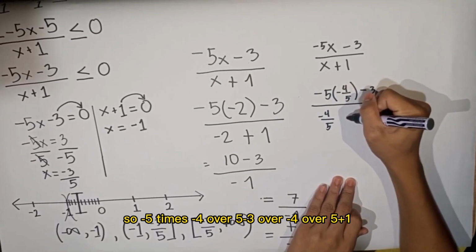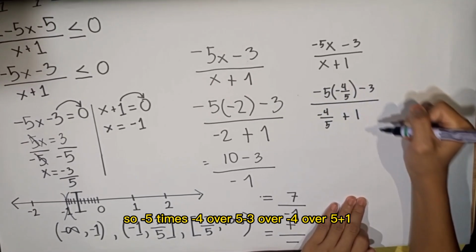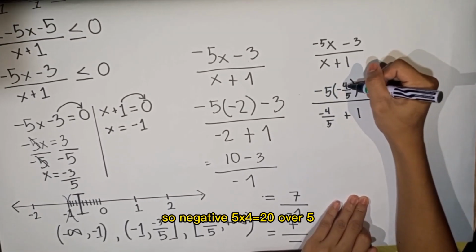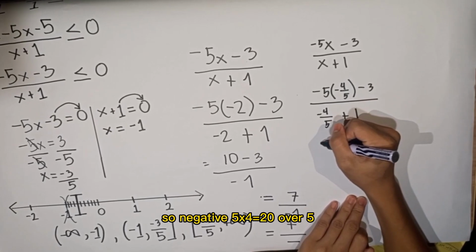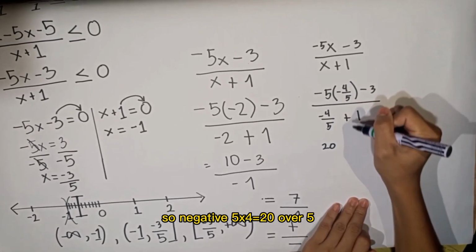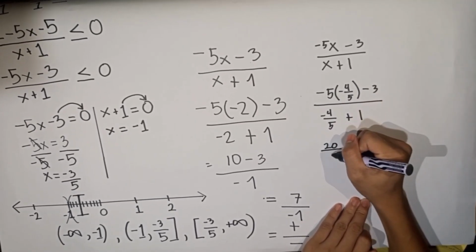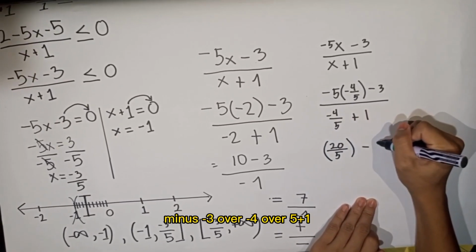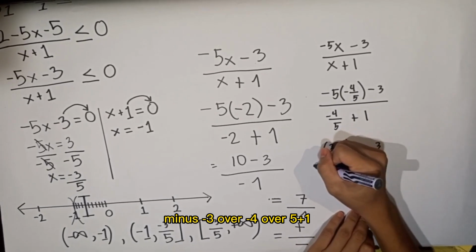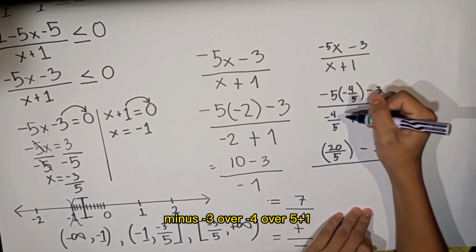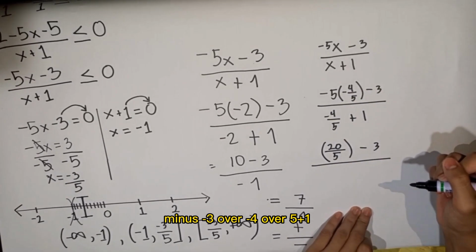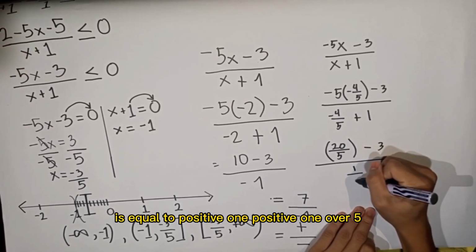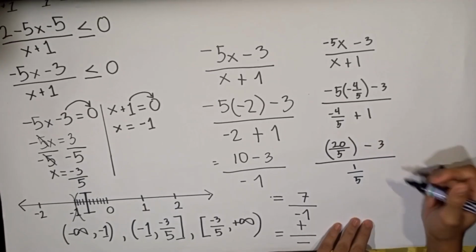-4/5 plus 1. So -5 times 4 is equal to 20/5 minus 3 over -4/5 plus 1, which is equal to +1/5.